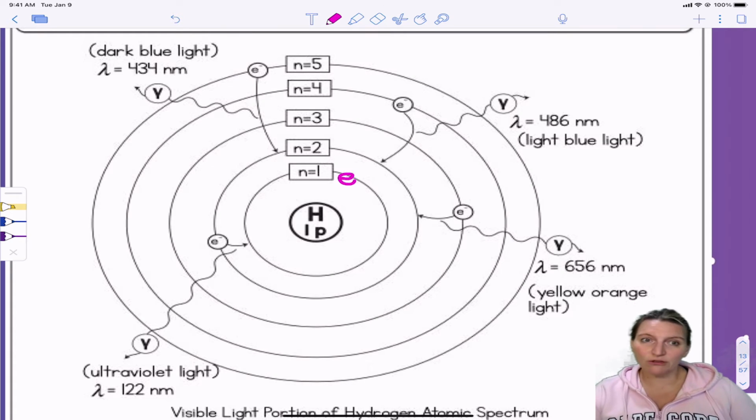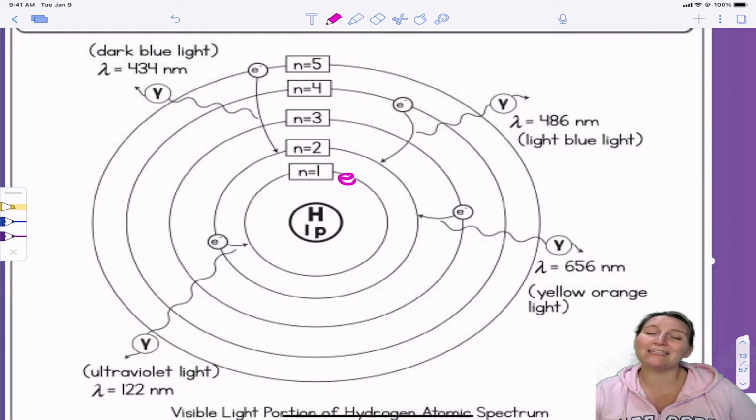But under certain circumstances, we can excite those electrons, and they will move to the second, third, fourth, fifth, sixth, seventh energy levels. When they do, they can hang out there for a split second, and then they fall back down. If they fall back down all the way to the first energy level, they would give off a lot of energy, and that would be in the ultraviolet range, so we wouldn't see that.